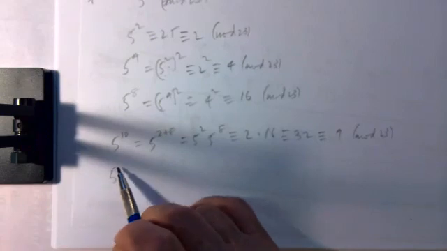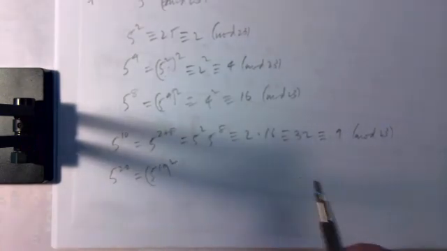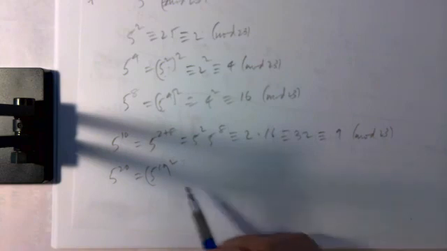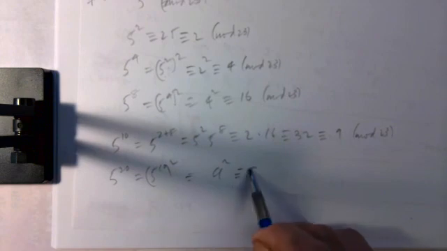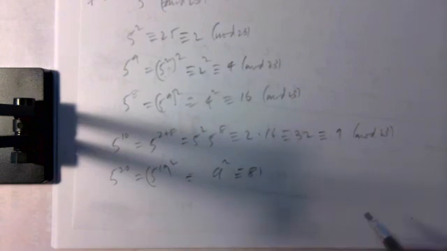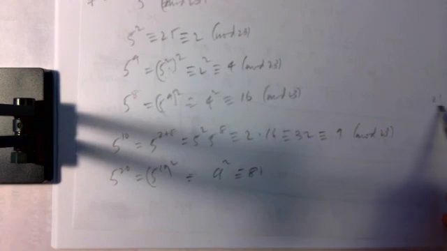So 5 to the 20th is 5 to the 10th squared, which is congruent to 9 squared, which is 81. Let's see, 46, 92. 23 times 4 is 92.